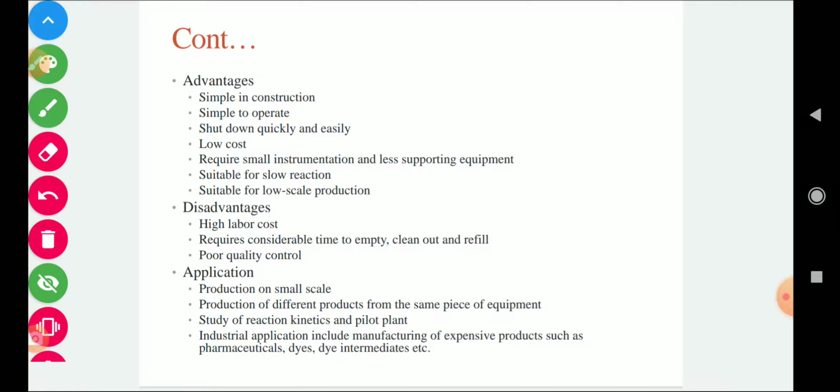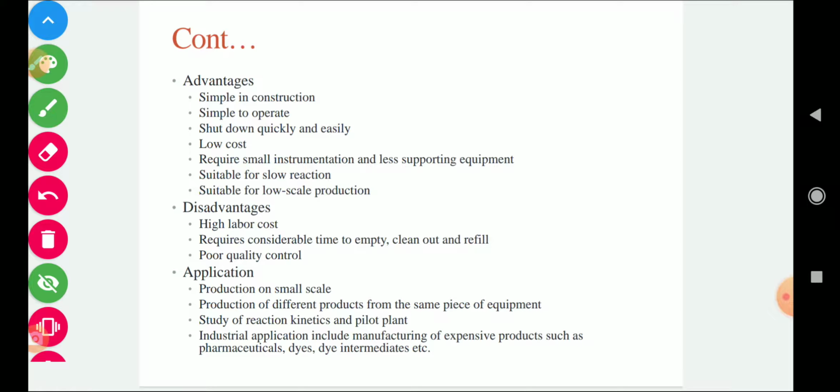They have minimum instrumentation, so their operation is simple because in continuous process there are sometimes very complicated instrumentation, and different instrument in the reactant system are dependent to each other.